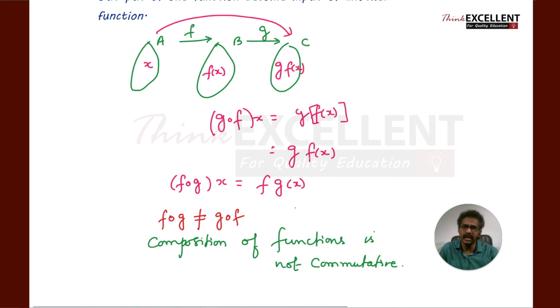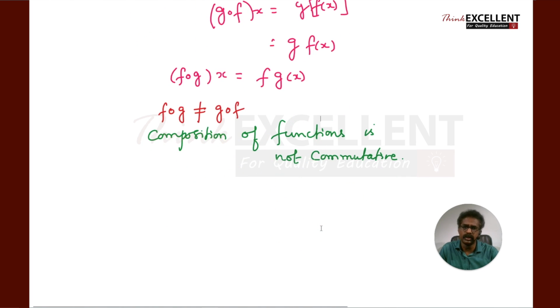But there are some cases where f composition g equals g composition f; it may be commutative in some cases only, but in general it is not commutative. So this is one property: composition of functions is not commutative.